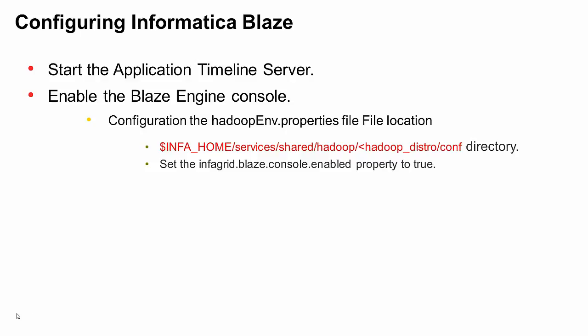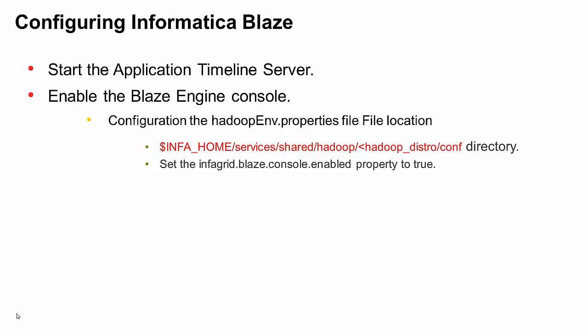Again, this is a Hadoop-specific service that is typically configured by your Hadoop administrator. If you're using Cloudera, you would need to manually start up your application timeline server. If you're using Hortonworks, this is already done for you, so you don't have to do anything.